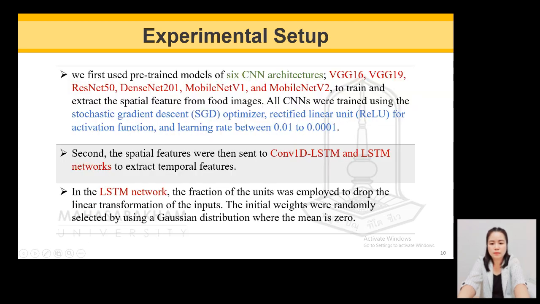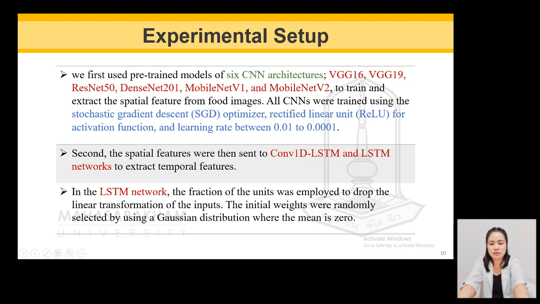As mentioned above, we first used pre-trained models of CNN architecture to train and extract the spatial features from food images. All were trained using stochastic gradient descent optimizer, rectified linear unit for activation function, and learning rate between 0.01 to 0.0001.